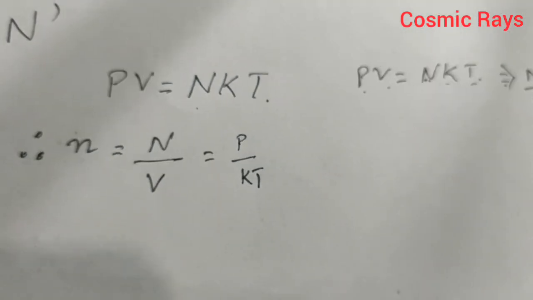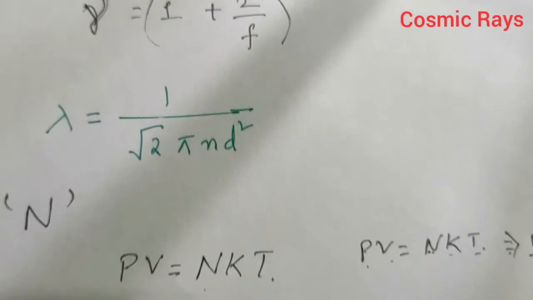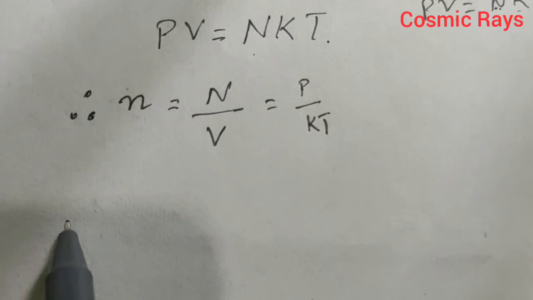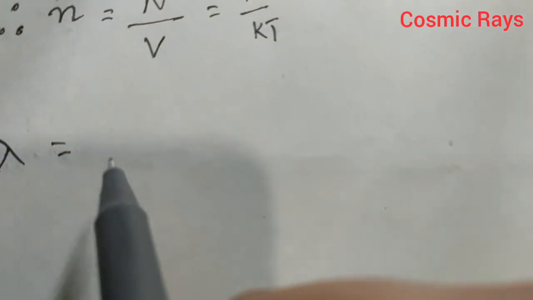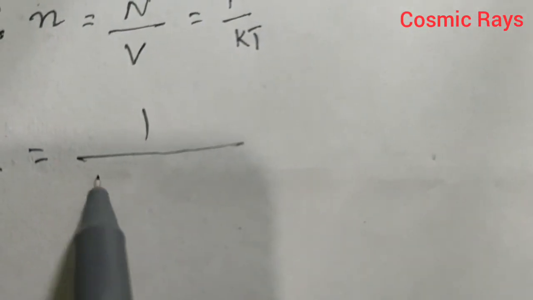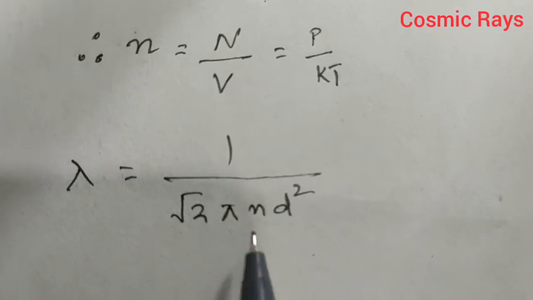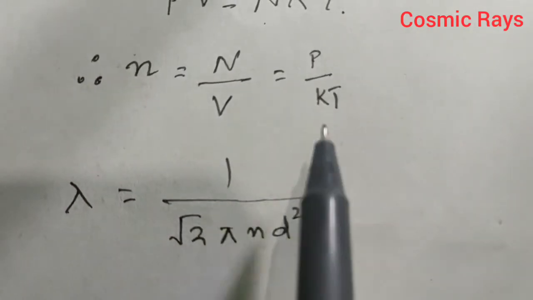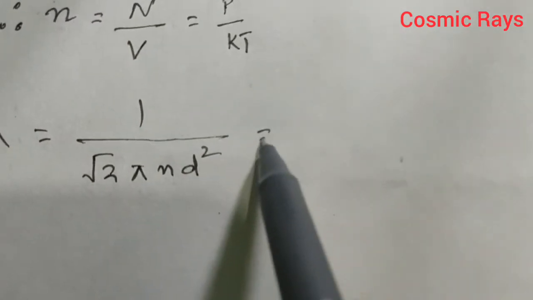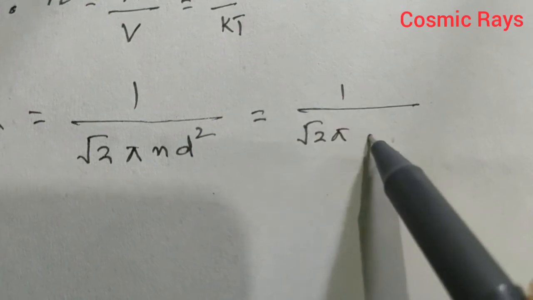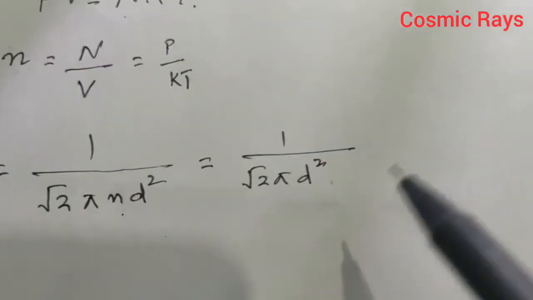So now if we substitute this value in the equation for lambda or the mean free path, so the equation is lambda is equal to 1 upon root 2 into pi n d square. So what we do is we substitute the value of n here, that is P upon kT. So the equation becomes 1 by root 2 pi d square, and in place of n we will be substituting P upon kT.